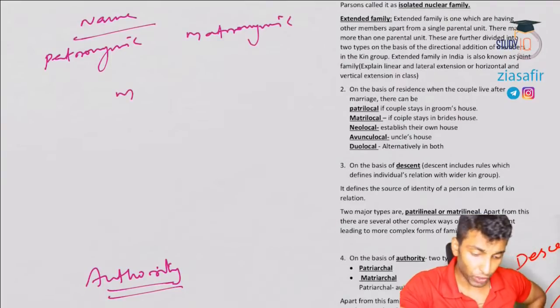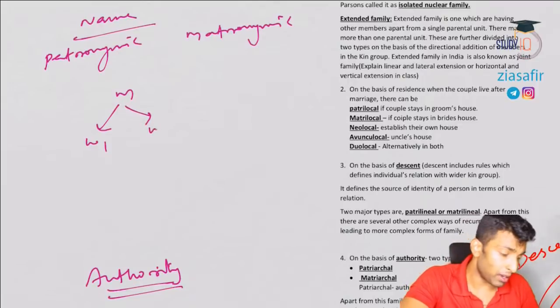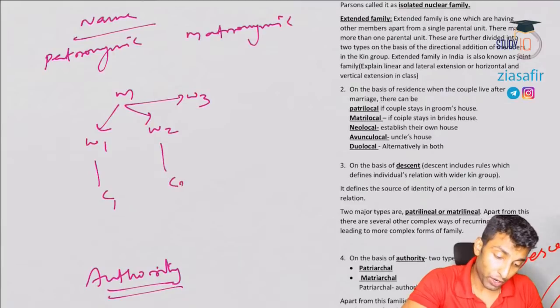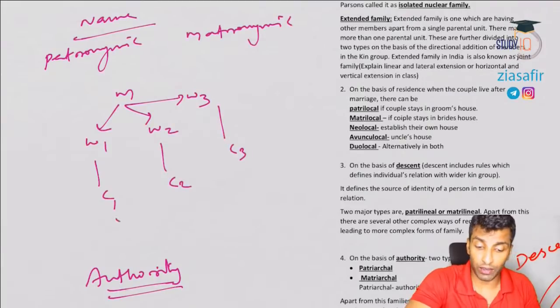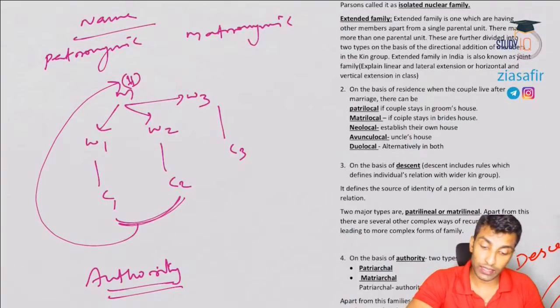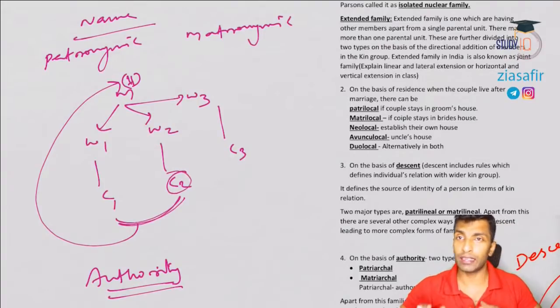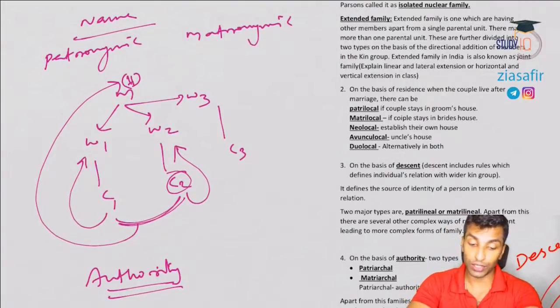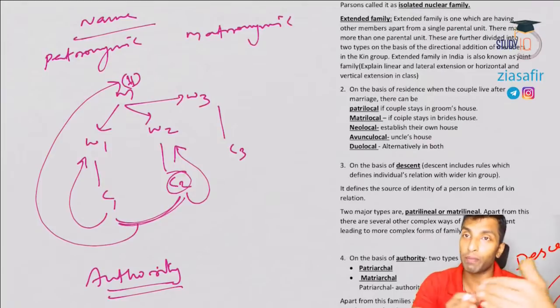Now apart from that, on the basis of name: patronymic, metronymic. For example, if a male has two or three wives, wife 1, wife 2, wife 3, and they have children, to make a distinction between these children, the father is common, so you can't say this is the son of the father. These are all sons of the same father, so you cannot make any differentiation, right?